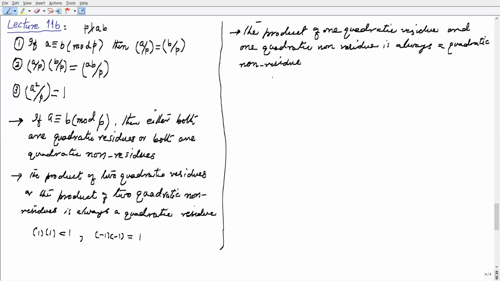For example, -1 times 1 or 1 times -1. So if one of them is a quadratic non-residue, then the Legendre symbol of one of them must be -1, then the product will be -1.